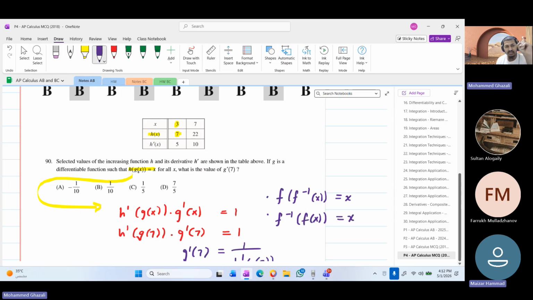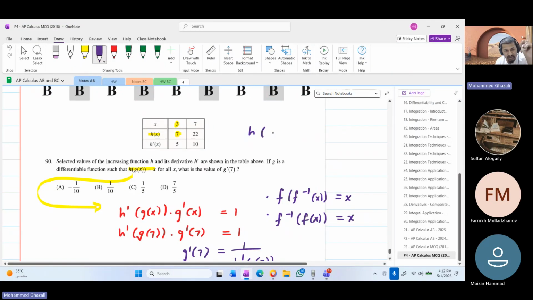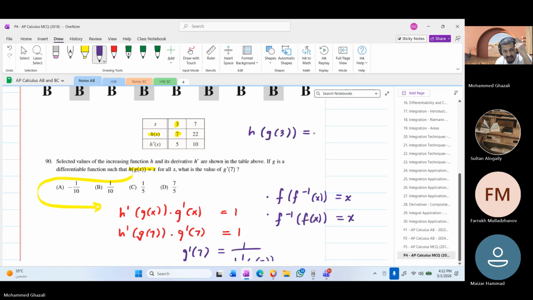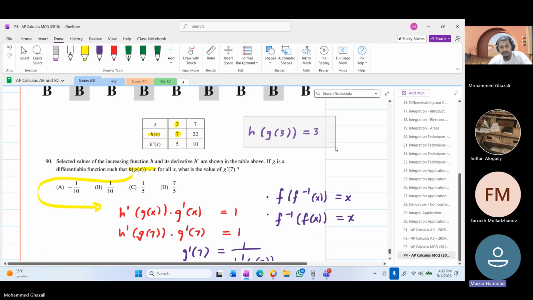So we substituted 3 here, and we got 7. h of g of 7 equals 7.